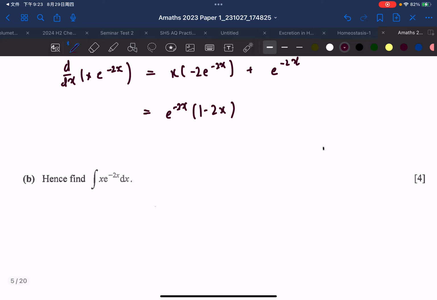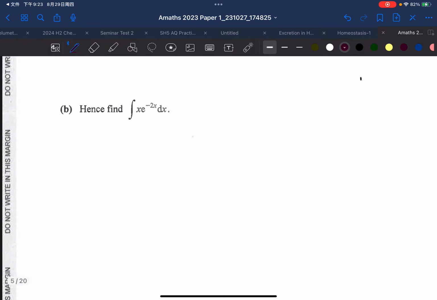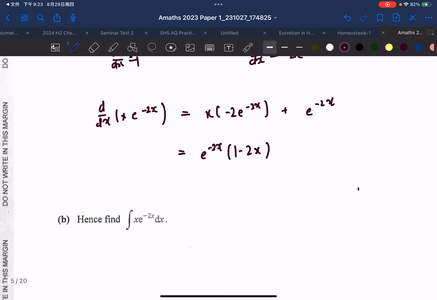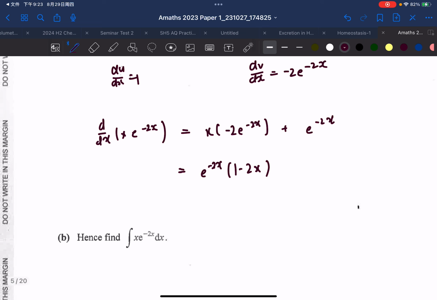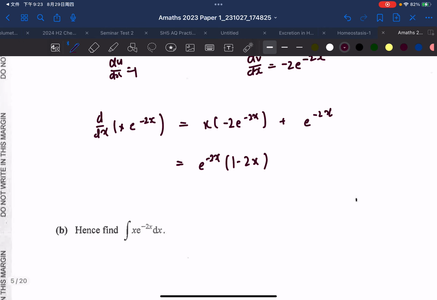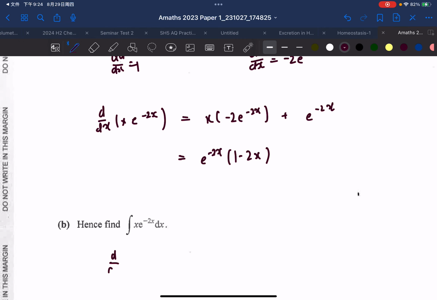Next, hence find this. Okay, this is a typical integration question that every year also will come out one. But let me teach you how to do it. When you encounter this question, where you need to use your differentiation result to prove your integration result, the first thing that we should always write is, we know that d/dx of x e to the negative 2x, because they say hence, so we write down that this is what we have proven.